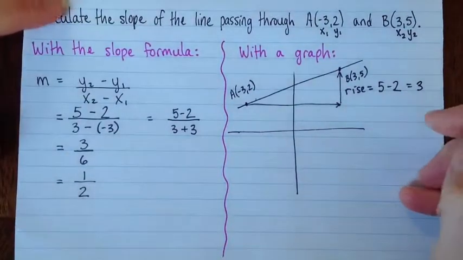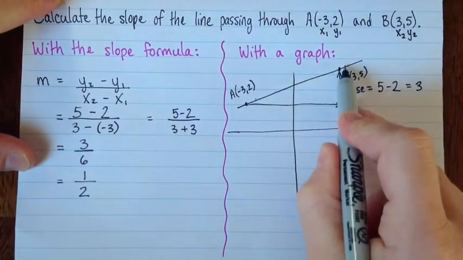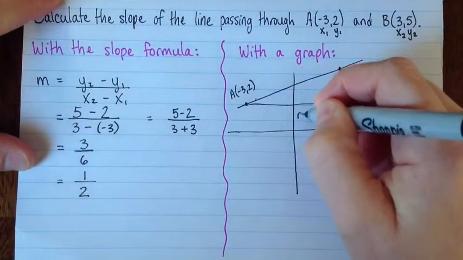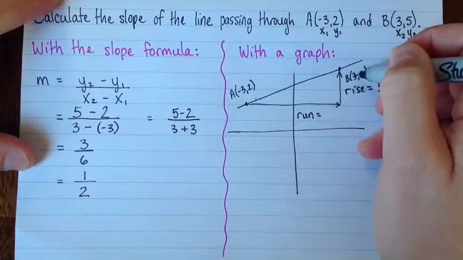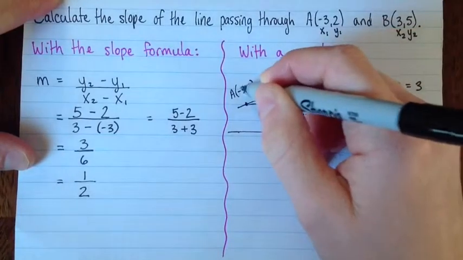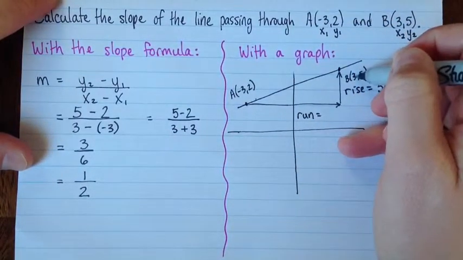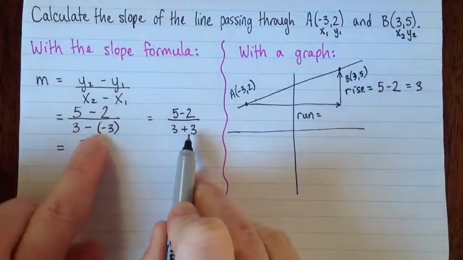And then for the run, we want to know how much did we go over from -3 to get to 3 for the x values. And so one way we could have done that is to do 3 subtract -3. Most people won't really think of it this way because you'll think of it as 3 plus 3 over here plus another 3 over here. But remember that those are the same thing.